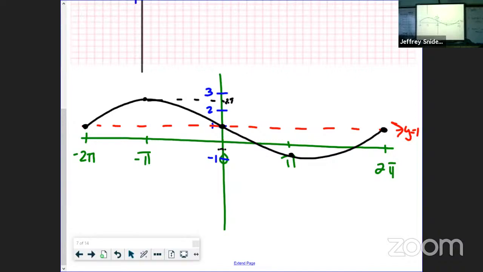Oopsie. Hold on here. Okay. I'm going to make this one just a little bit.